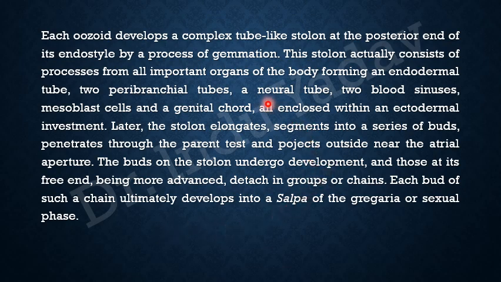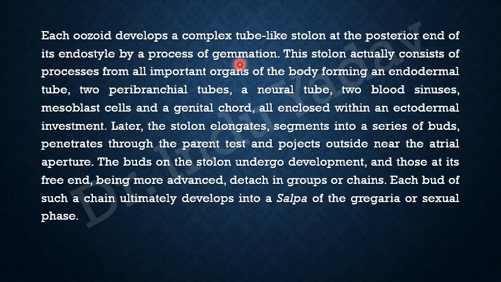Each oozoid develops a complex tube-like stolon at the posterior end of its endostyle by a process of gemmation. Now this gemmation is a kind of budding, the formation of a new individual from some projection which grows out in the parent's body.